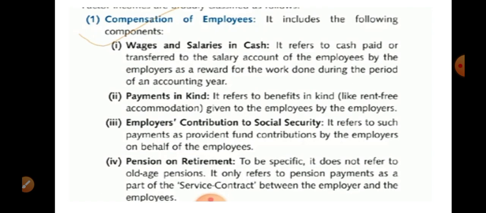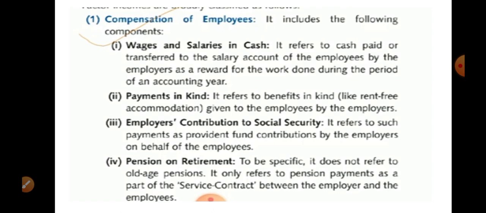So compensation of employees includes wages and salary in cash, यानी monetary payment. Okay, payment in kind is related to all the accommodation given to the employees by the employer. ठीक है. Next है employers' contribution to social security scheme, and the last component is pension or retirement pension.